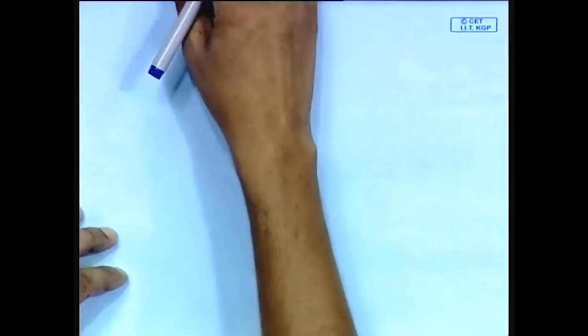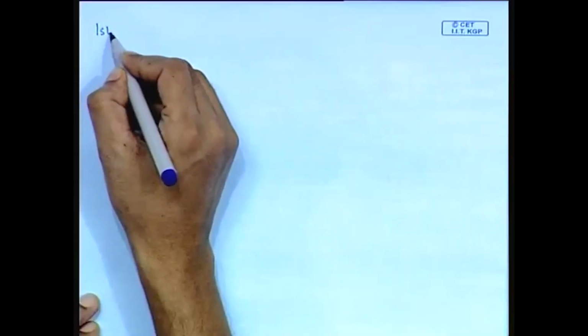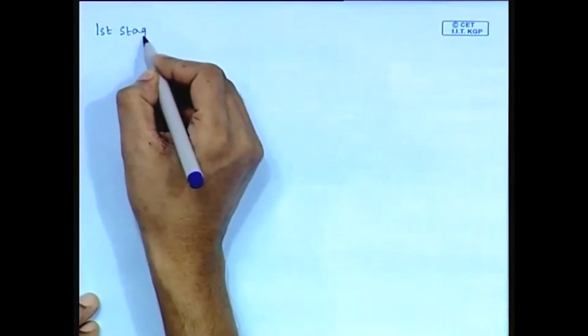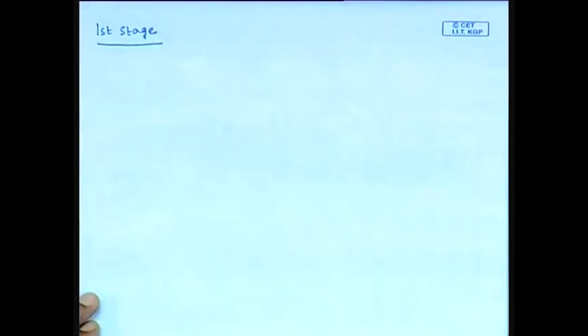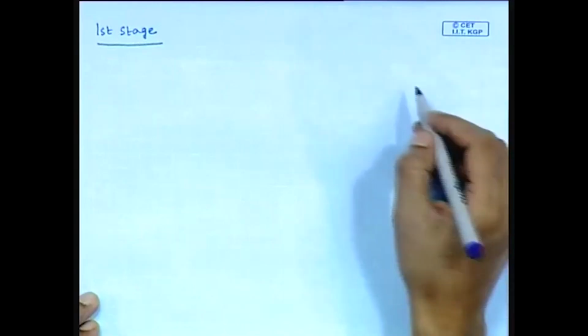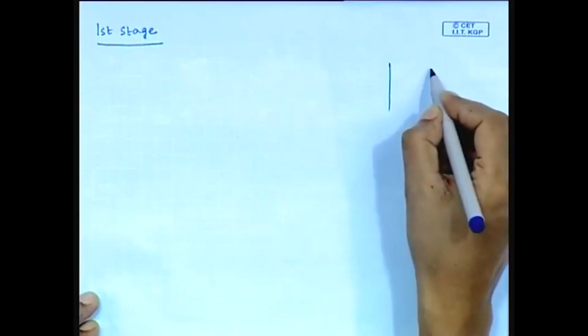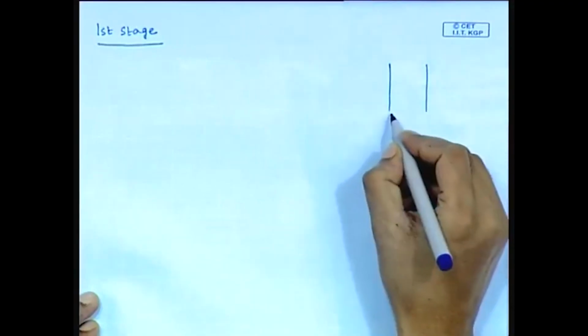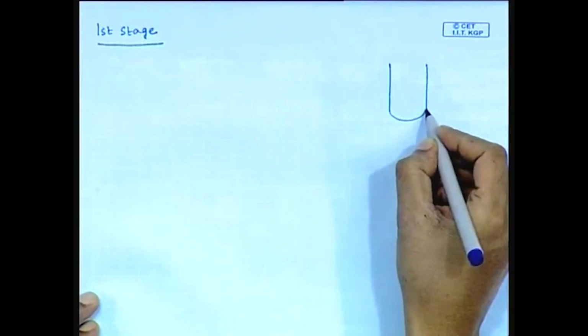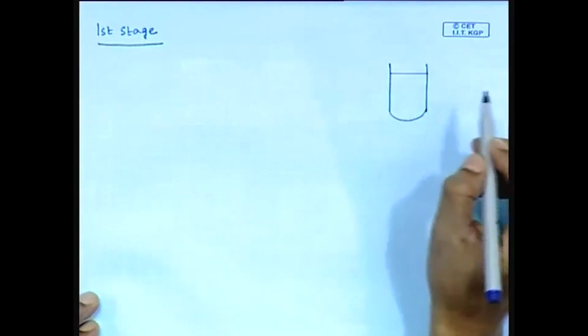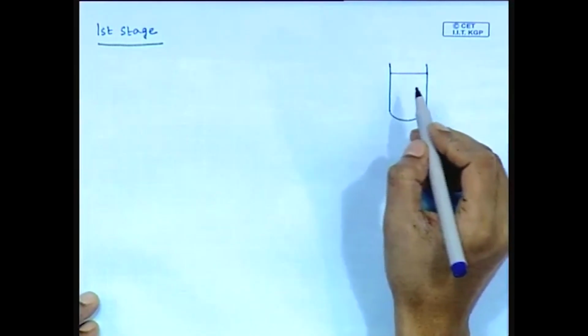See, within the n stage, as I have mentioned, the bottom tray is also not included. So, we will consider in the next the first stage. The schematic representation of the first stage is like this. This is the first stage.